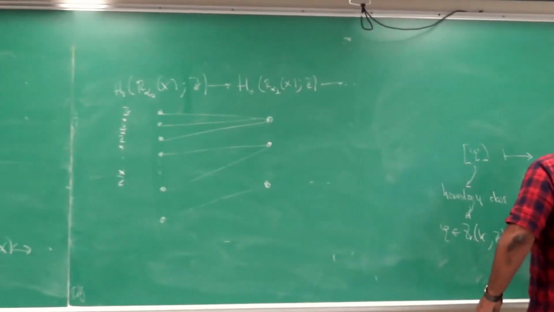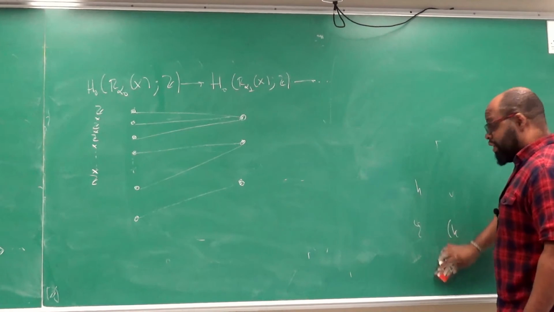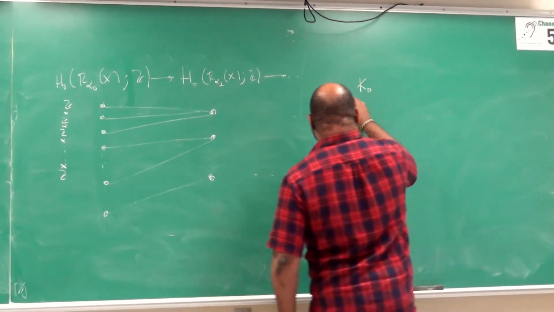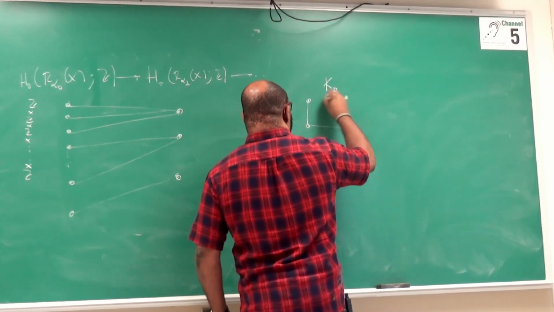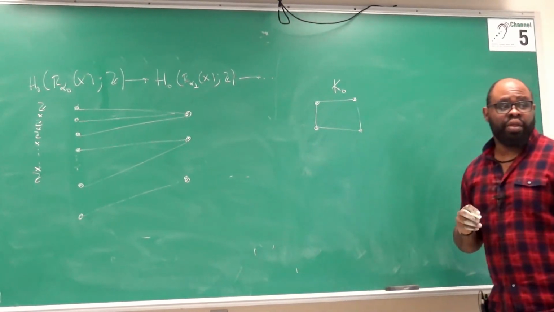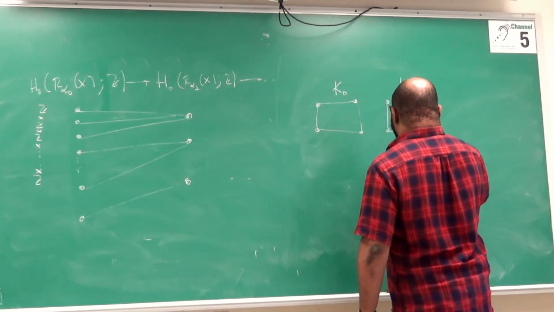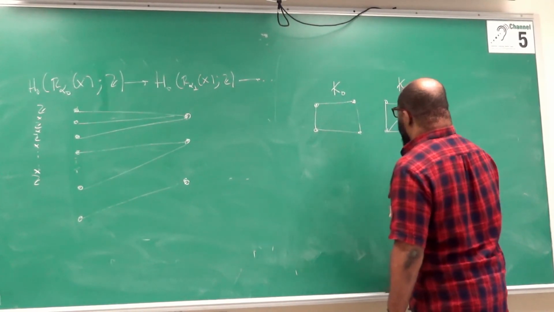So consider the following simplicial complexes. K0 is going to be this square, pretty simple. K1 is the square, and I'm going to add this edge.